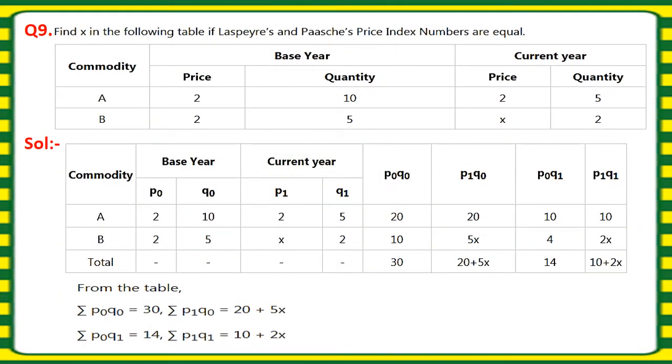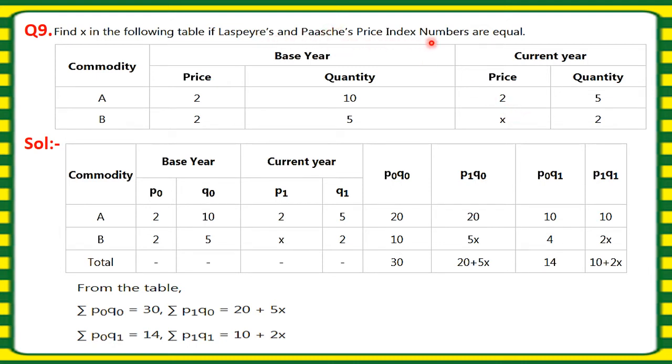Find x in the following table if Laspeyres and Paasche's price index numbers are equal. Given quantities are written in the table. Commodities are A, B, base year price is 2, 2, and quantities 10, 5, current year price is 2x, quantities 5, 2. Here the current year price of B is not given. So we need to calculate that using the condition given, that is Laspeyres and Paasche's price index numbers are equal.